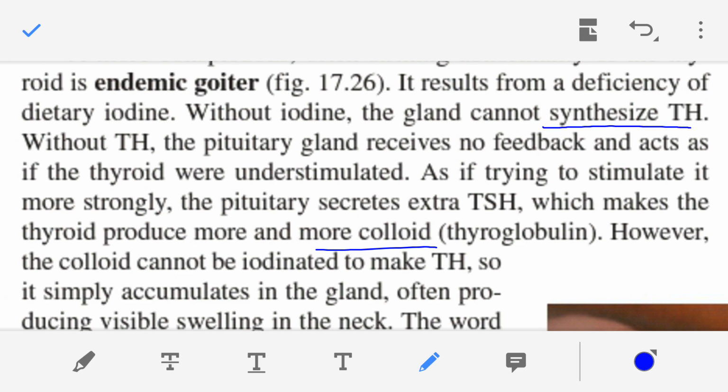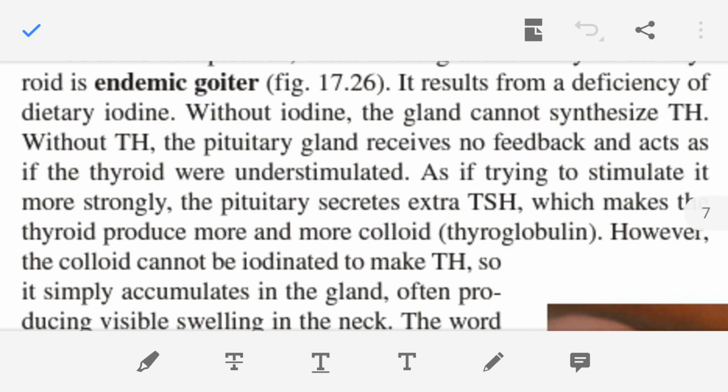In the blood there is a low level of thyroid hormone, so the pituitary gland is not receiving any feedback and is trying to stimulate the thyroid gland strongly. This extra TSH is stimulating the thyroid gland, so now the thyroid gland is producing more and more colloid, which is thyroglobulin.